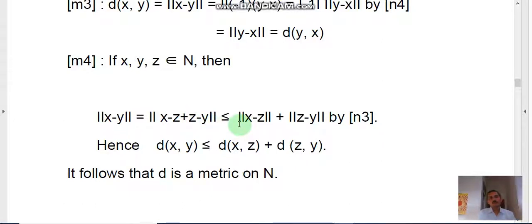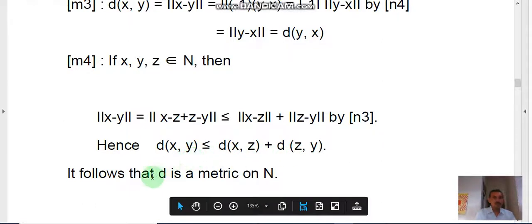Using the N3 property, the triangle property of norm, this is less than or equal to norm of x minus z plus norm of z minus y, and therefore we have obtained d(x, y) is less than or equal to d(x, z) plus d(z, y). So it follows that d is a metric on N. So we have proved all the conditions of the metric.